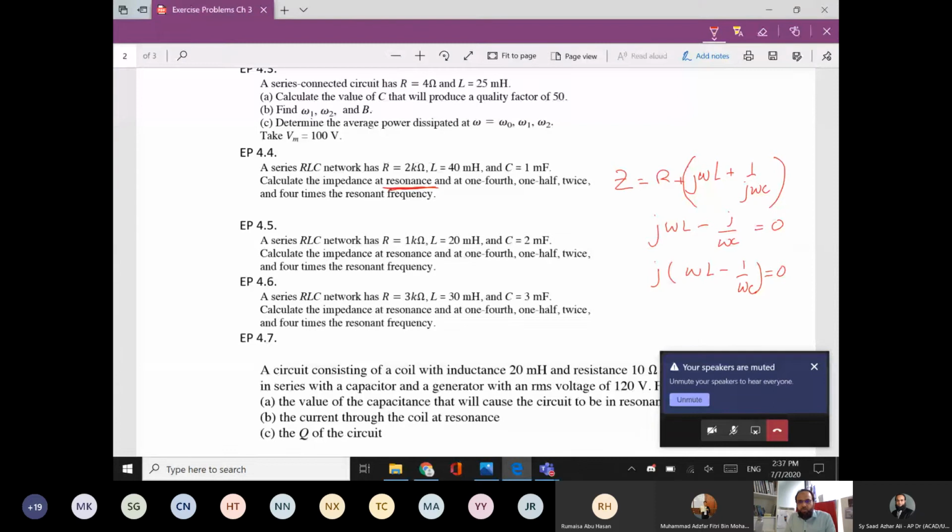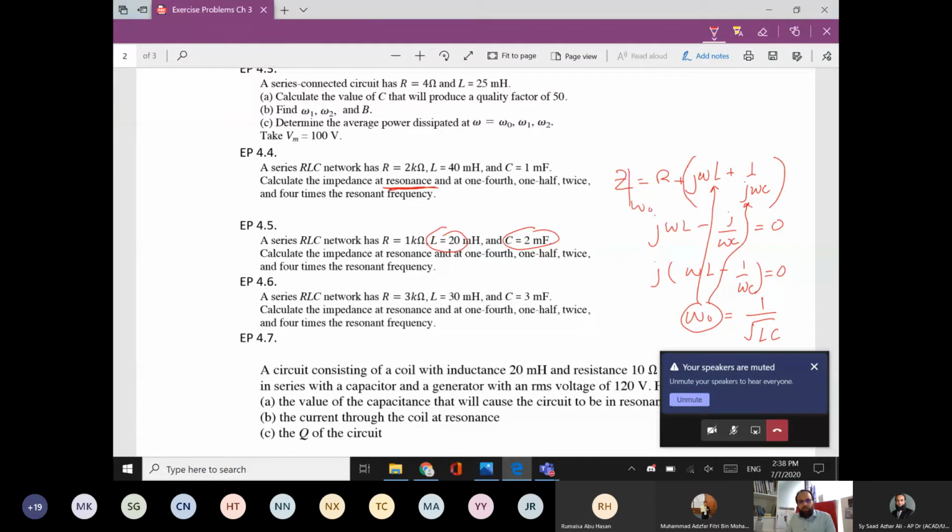If you don't remember the formula, you can use this as your reference. But let me just show you the formula as well. It was 1 upon under root LC. So we have L, we have C, we can find omega naught and put the value of omega naught in here to get Z at omega naught.